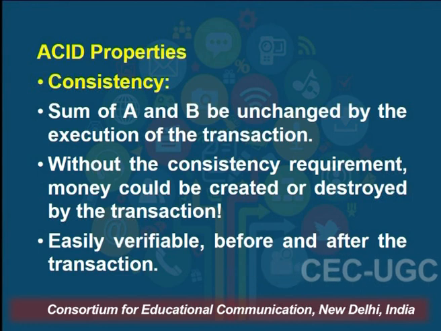Now, when we talk about all the ACID properties, which are atomicity, consistency, isolation and durability, let us see how these properties are maintained, taking the example of this particular transaction of transfer of $50 from account A to account B. For the sake of understanding, we are not going to take the properties in the order of A, C, I and D; rather we will begin with consistency first.